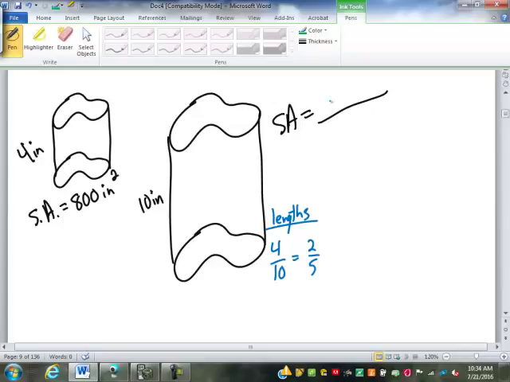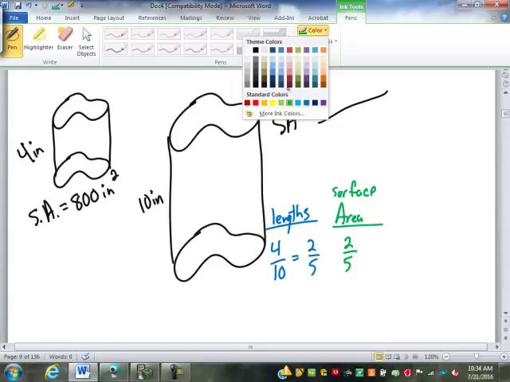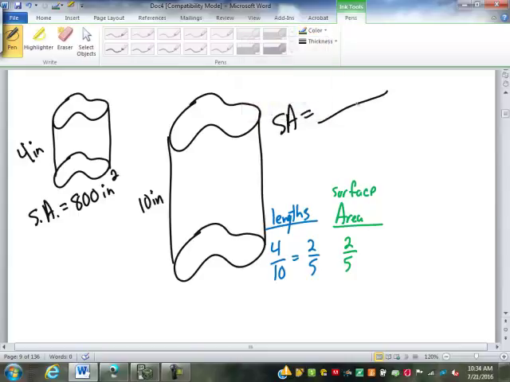Surface area. What am I going to do to that 2/5? What's the key word in surface area? Area. That indicates squared. 2 squared is 4. 5 squared is 25.